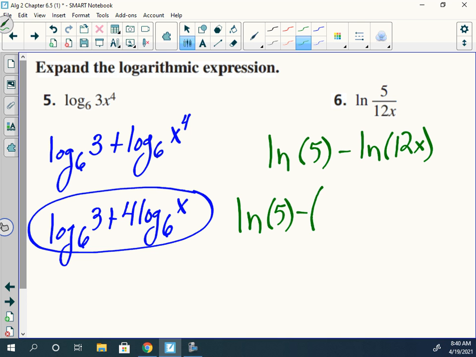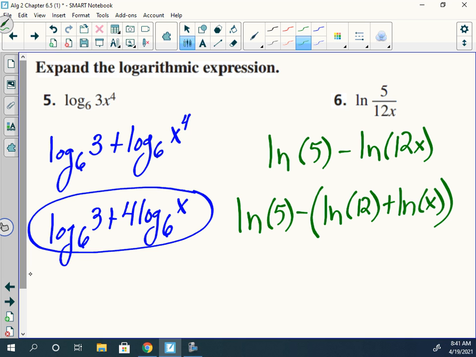But what we need to be careful of is we need parentheses around this here. We need parentheses around this here because that negative does go with the 12 and with the x, yes? It's going with both of them. So if we're not careful and we just write this as ln of 5 minus ln of 12 plus ln of x, we don't apply that negative to the natural log of x, it will give us something different.